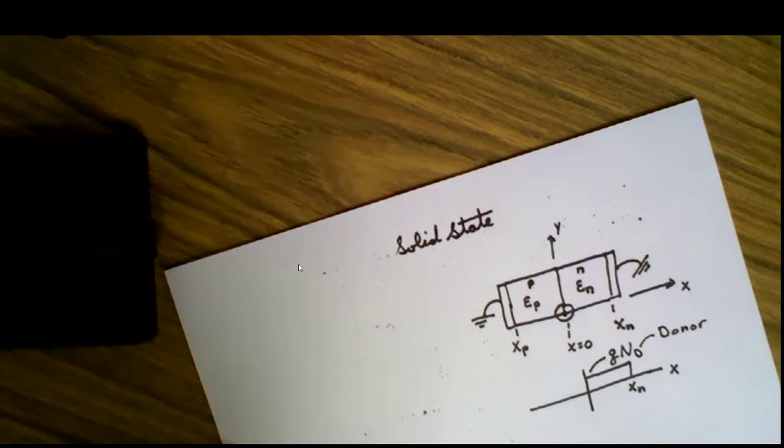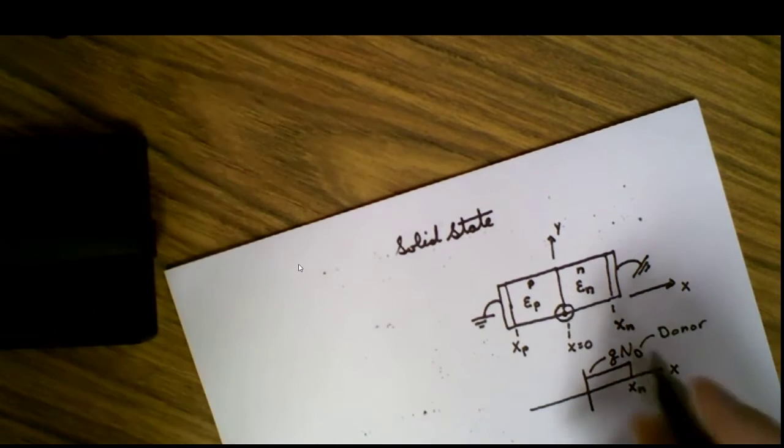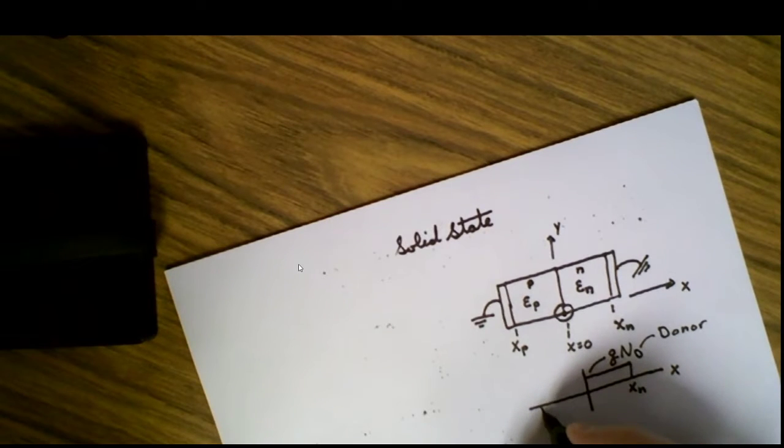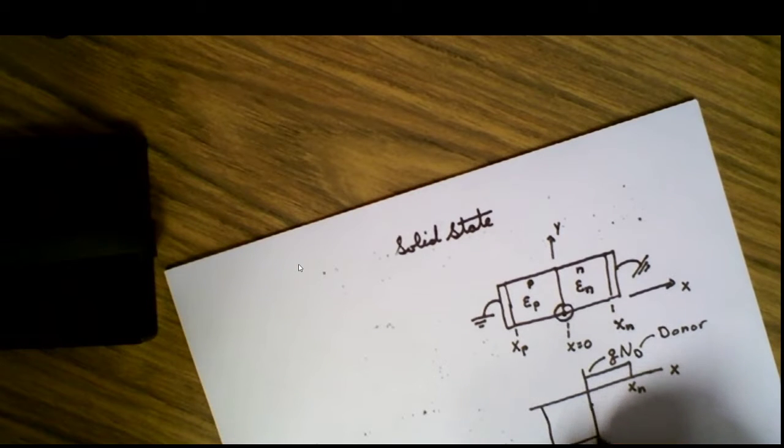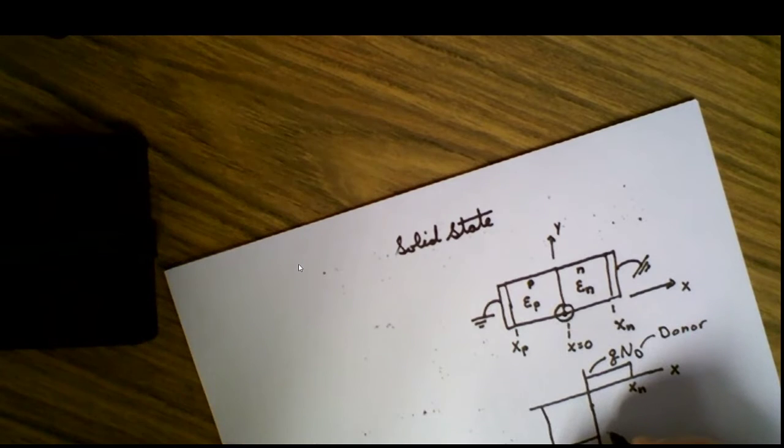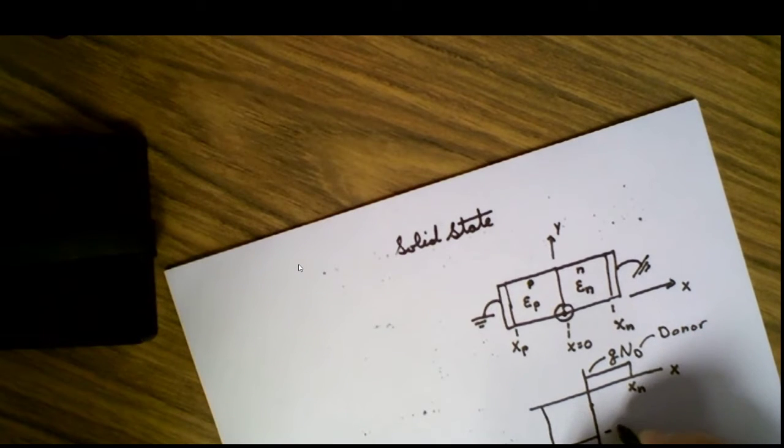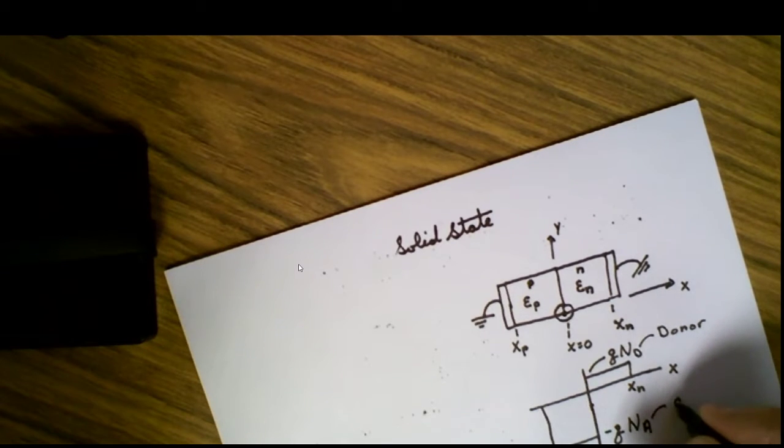That's going to be placed in the N material. In the P material, we're going to place acceptors, and acceptors have a different sign associated with it, and that sign is negative. The density of our acceptors is equal to minus Q times N sub A, where A is for acceptor.